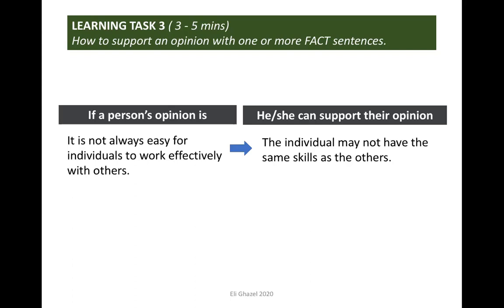So if I am an individual and I want to work in a group with you, with 2 or 3 people, and I do not have the skills that you have, then it will support my claim that it's not always easy. You can put 20 supporting facts, but the idea is you no longer state an opinion and claim your opinion as a fact. Your opinion is not a fact, it's an opinion. You can support your opinion with facts.